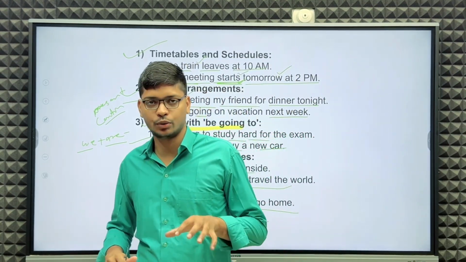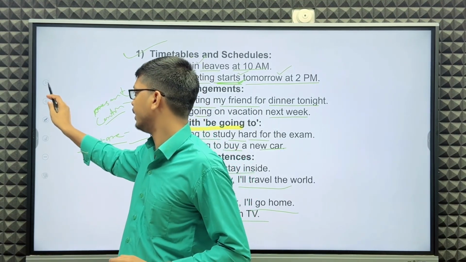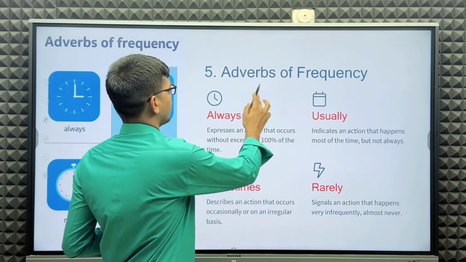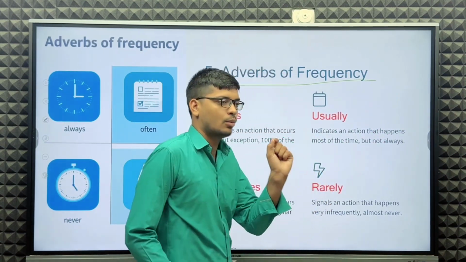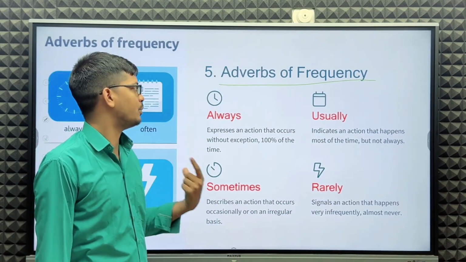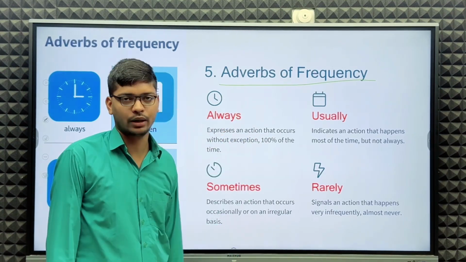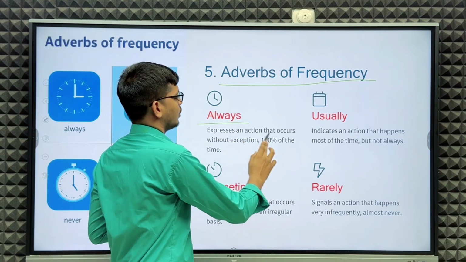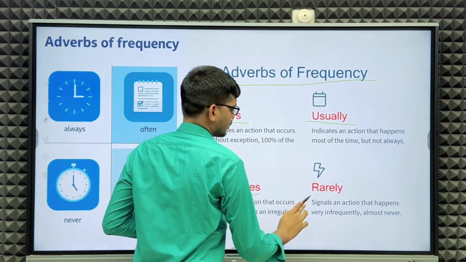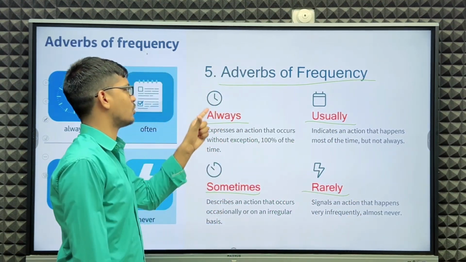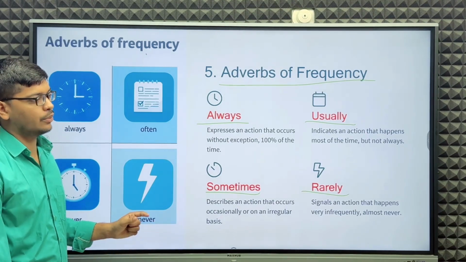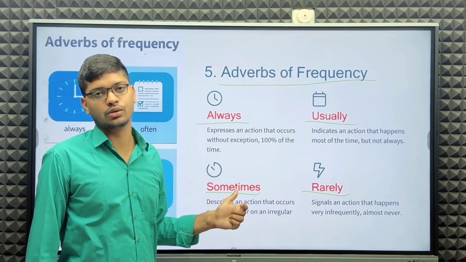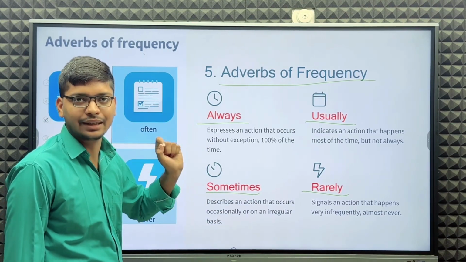Okay, so I hope you understand. So let's see the next point. Next point is related to adverbs of frequency. Let's see: always, usually, sometimes and rarely. These are all adverbs of frequency, and for all these adverbs we have to use simple present tense.